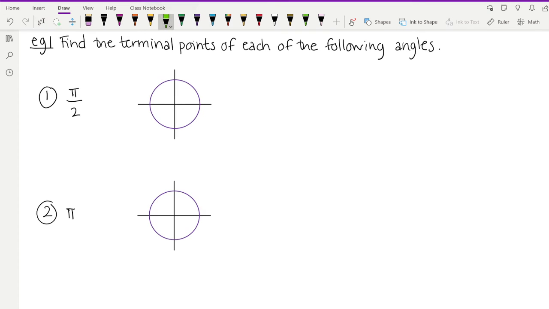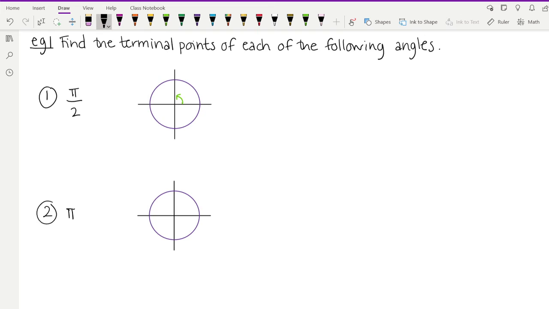Okay, so starting with pi over 2, remember that pi over 2 is 90 degrees. So that's one of the ones that I think it's really important that you have kind of memorized. But you can always get to it by remembering that pi is 180, right? So pi over 2 is half of 180, half of 180 is 90. So pi over 2 would look like this as an angle.